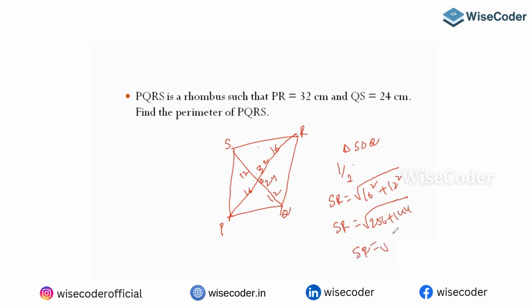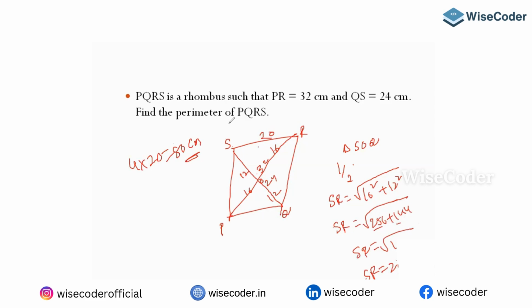Then SR is the square root of 400, which is 20. When the side is 20, for the perimeter, 4 into 20 is 80. 80 centimeters is the correct answer.